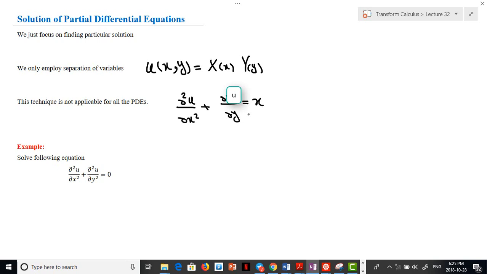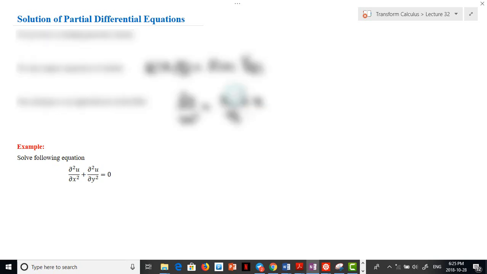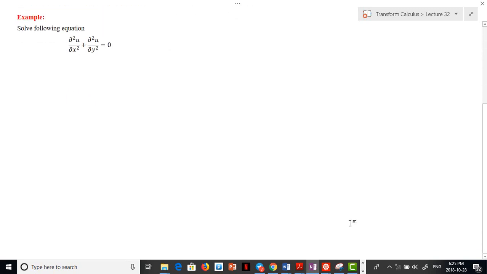In this example, you want to solve the second derivative of u with respect to x plus the second derivative of u with respect to y, equal to 0. In order to solve this problem, as I already said, you want to use separation of variables. So we assume that u of x and y is equal to a function of x times a function of y.